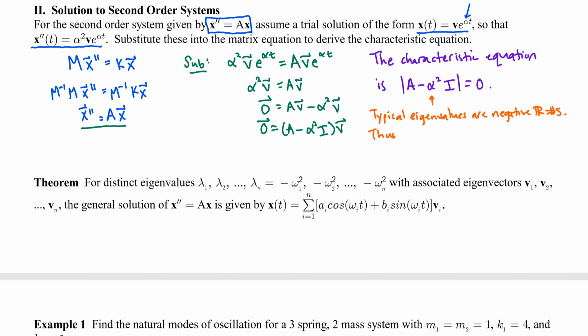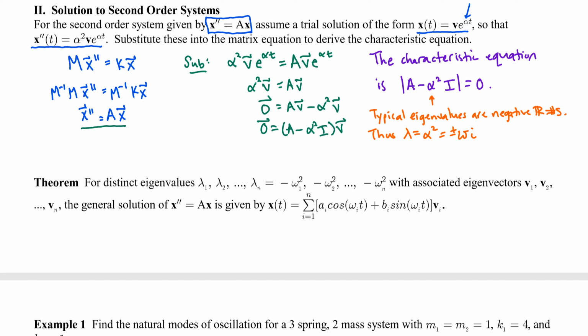Thus, our previous eigenvalue, lambda, is now in the place of alpha squared. That's going to be some sort of negative real number. So when we solve for alpha and take the square root of both sides, we're going to end up with some sort of positive and negative constant times i. Omega is going to be the frequency of the system related to our eigenvalues lambda.